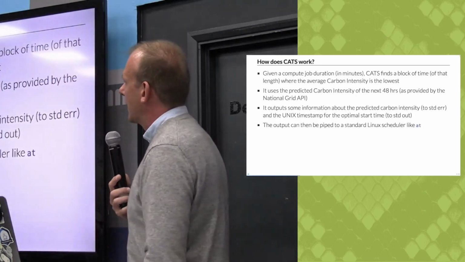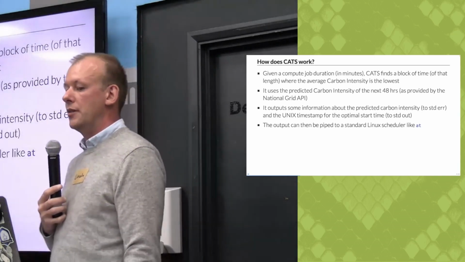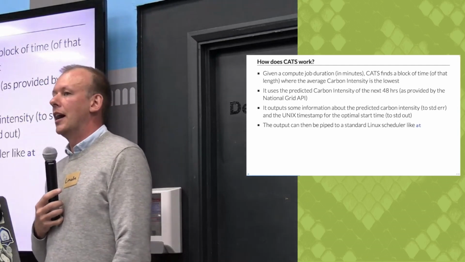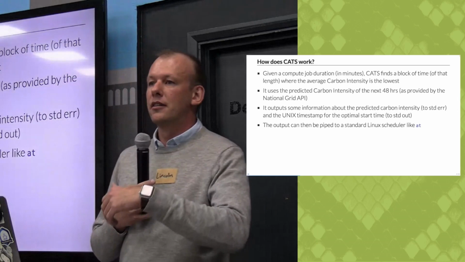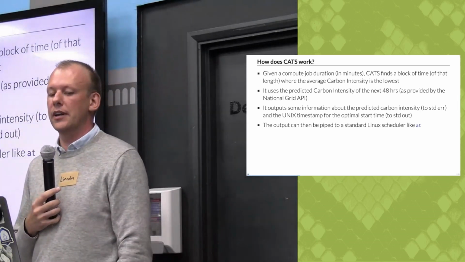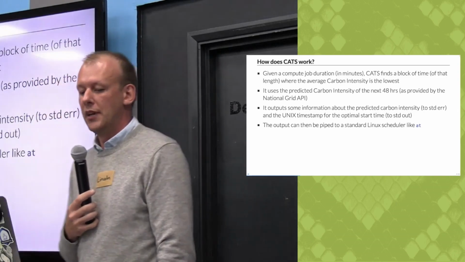So CATS is pretty simple in how it works. You give it a compute job duration in minutes, and then CATS queries the API and finds the best time to run it, so that you can have the lowest average carbon intensity of the electricity for the duration of that compute job.